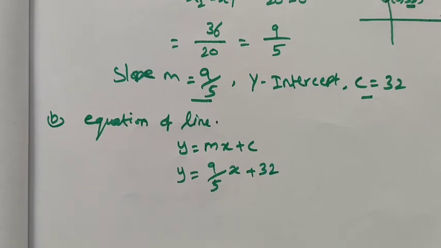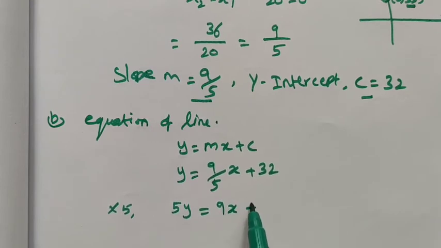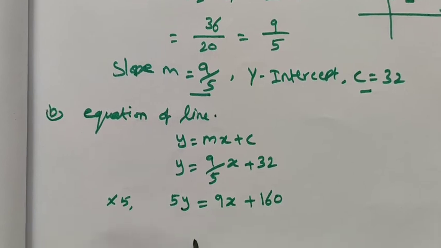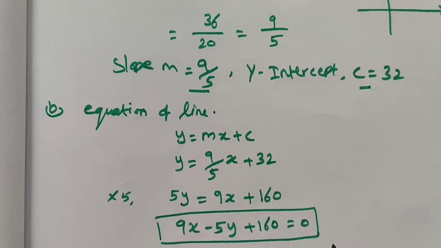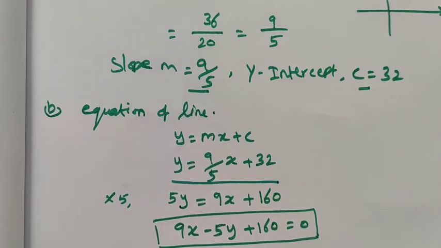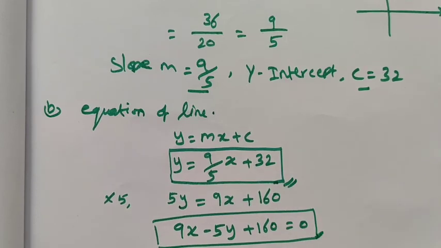Here we have the denominator 5, so I multiply all the terms by 5. So 5y is equal to 9x plus 160. Now I take 5y to the other side. Then we get 9x minus 5y plus 160 equal to 0, which is the equation of the straight line. Otherwise we may leave it as y is equal to mx plus c. So we can leave it here also, both are the same, right?